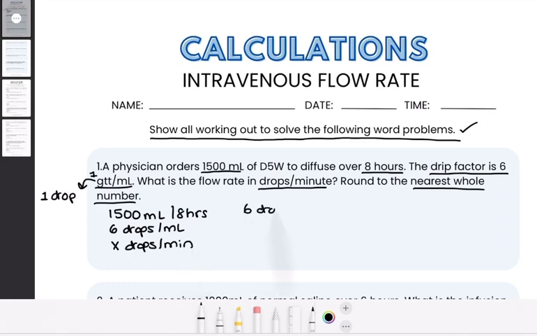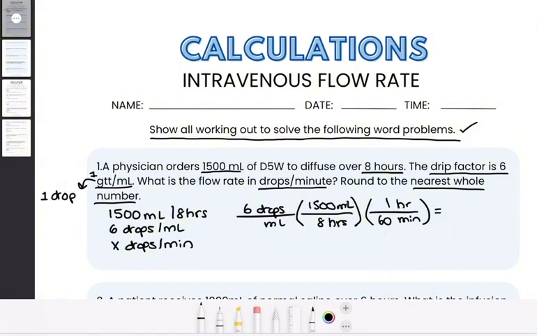Now set up your equation so you can cross out the units to get your answer in drops per minute. It's important to remember that 1 hour has 60 minutes. Although often this won't be given, it'll be one you'll have to know.